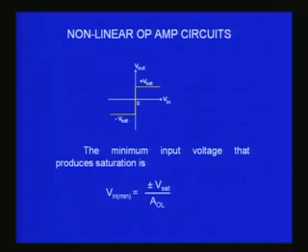So, V in minimum is plus or minus Vsat by AOL, where AOL is the open loop gain. The open loop gain is about 100,000, 10 power 5. Vsat can be the power supply voltage, plus or minus 15 volts or 10 volts as the case may be, and divided by this number it will become a very small voltage.